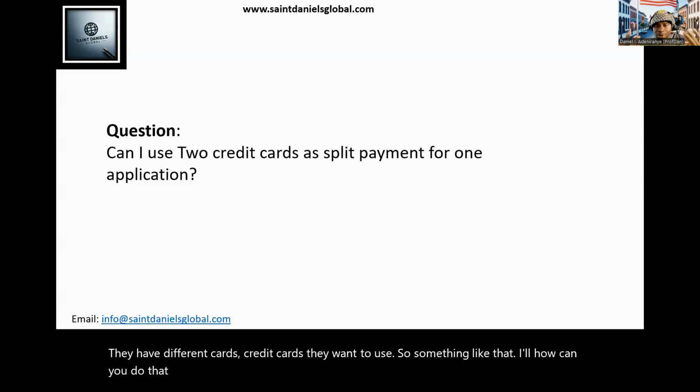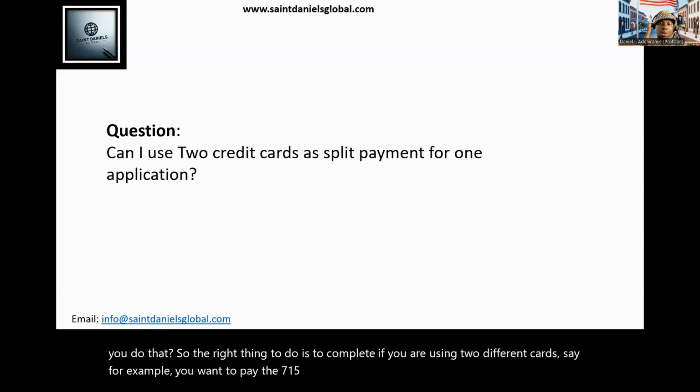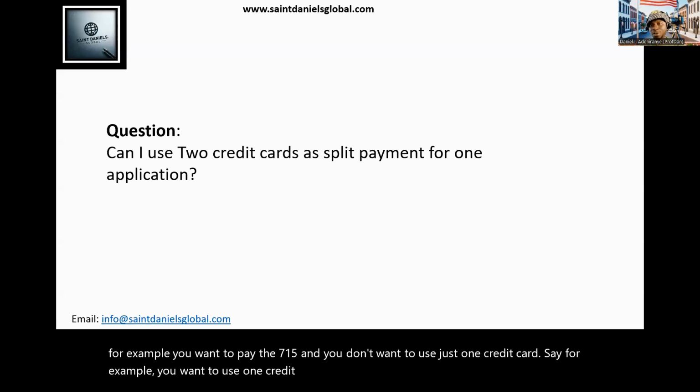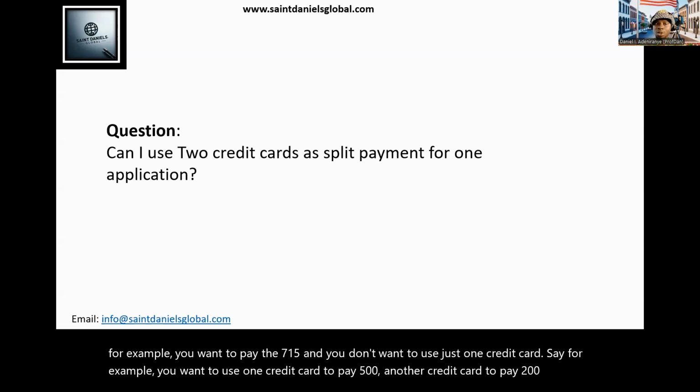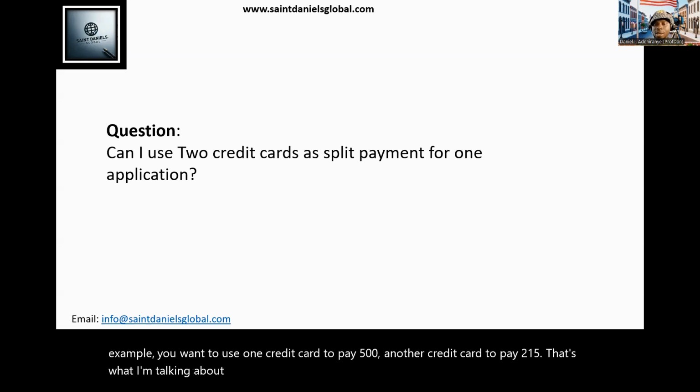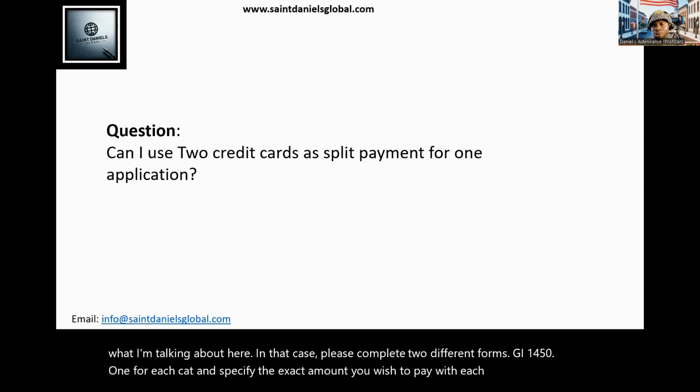The right thing to do, if you are using two different cards, say for example, you want to pay the 715 and you don't want to use just one credit card, say you want to use one credit card to pay 500 and another credit card to pay 215, is to complete two different Forms G-1450, one for each card, and specify the exact amount you wish to pay with each card. And that's how to do it.